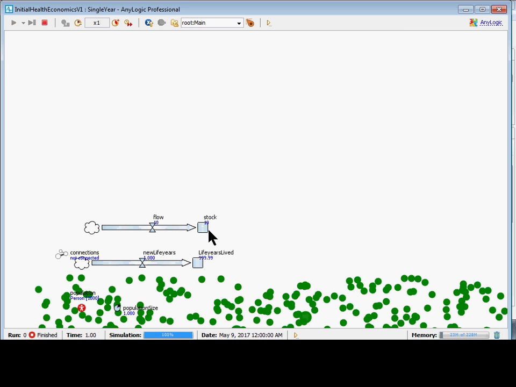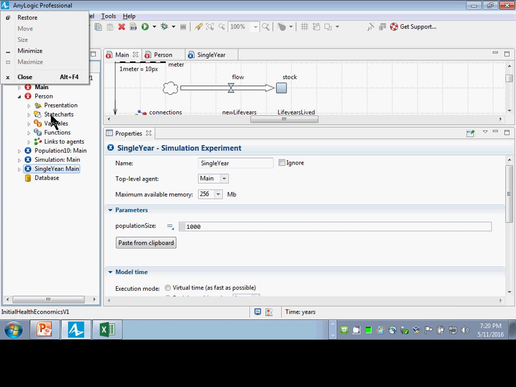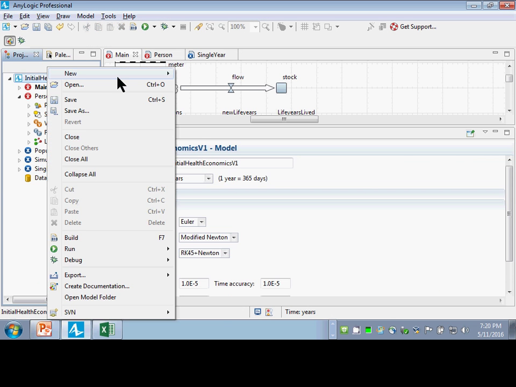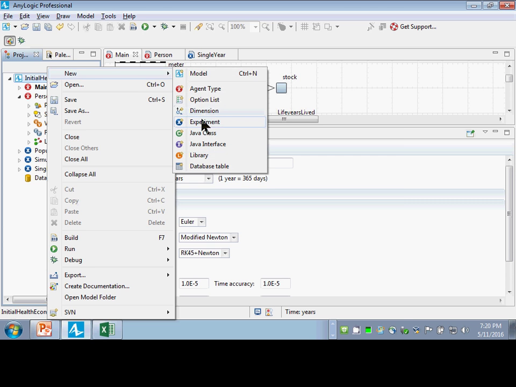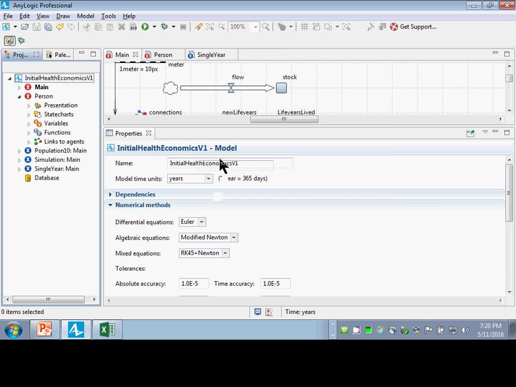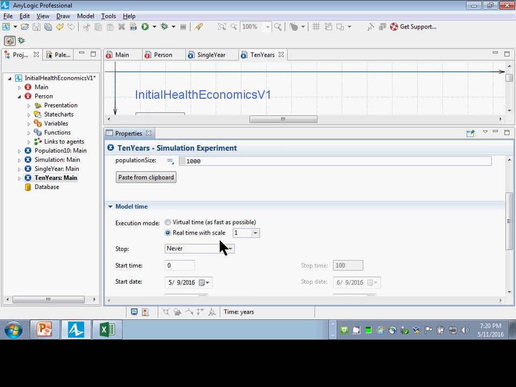Let's go add that in. So 10 years. And we went down and set this to stop at the specified time 10. We could run it here, and now we're getting a flow of 10 in over the course of 10 years, and it's 100. So it's doing an accumulation of this, but on very, very fine time steps.